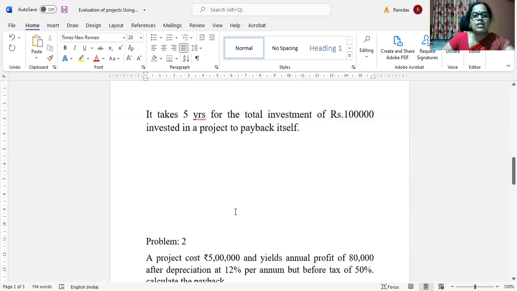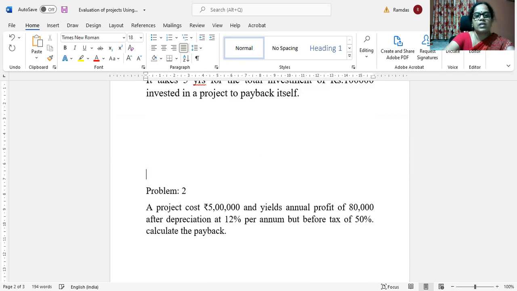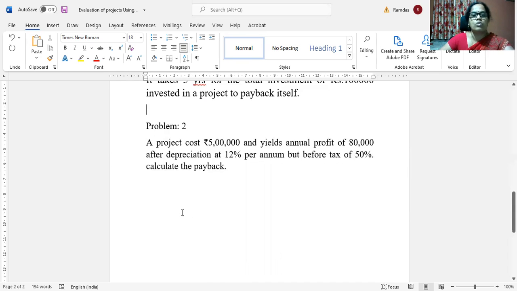Now moving on to the second problem. The second problem goes like this. The project costs rupees 5 lakh and yields annual profit of rupees 80,000 after depreciation at 12% per annum, but before tax of 50%. Calculate the payback period.